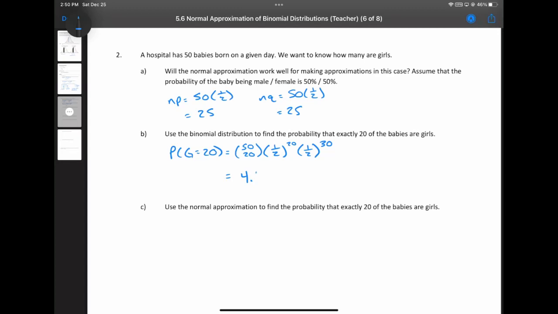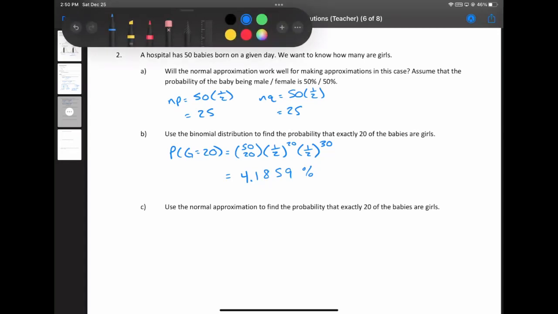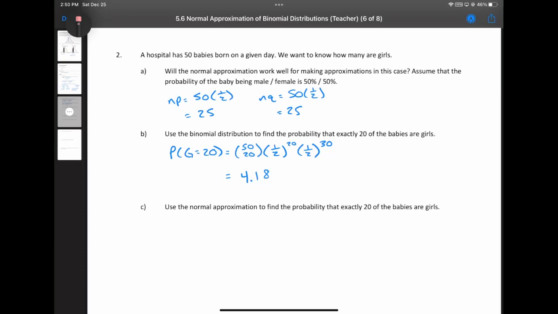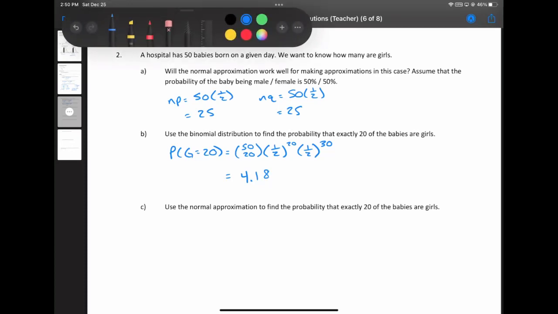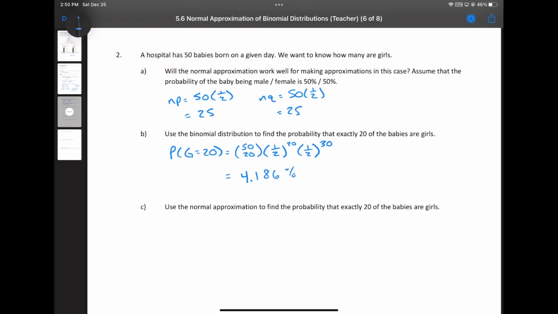So 4.1859%. In fact, you know what? I think I'm going to specifically round off to 3, and the reason for that is because that's what our z-score table will give us. 3 decimal places. And again, getting it exact is almost impossible from the z-score table unless that exact value shows up in the z-score table, and I don't believe it does. Then again, I didn't look.